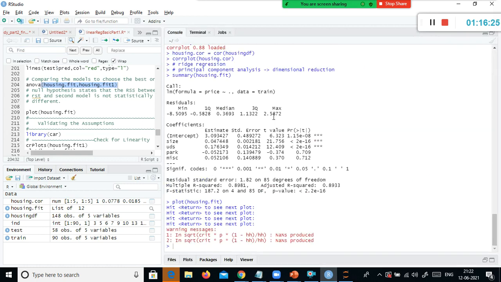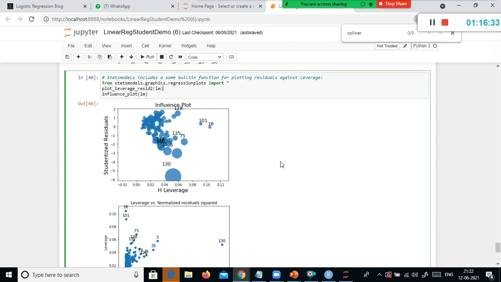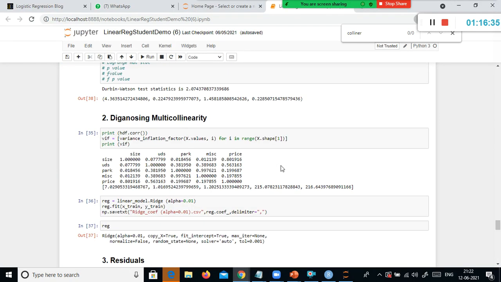So what you do is you go and remove those records, and then try fitting the model and check your RMSE and adjusted R-squared. By removing the influential observations, you could see a boost in your adjusted R-squared. That means that's good.